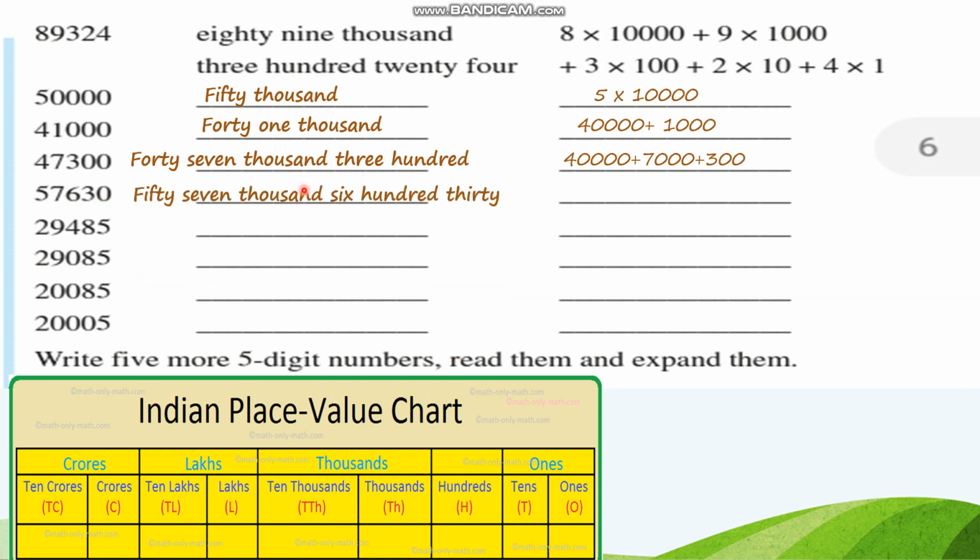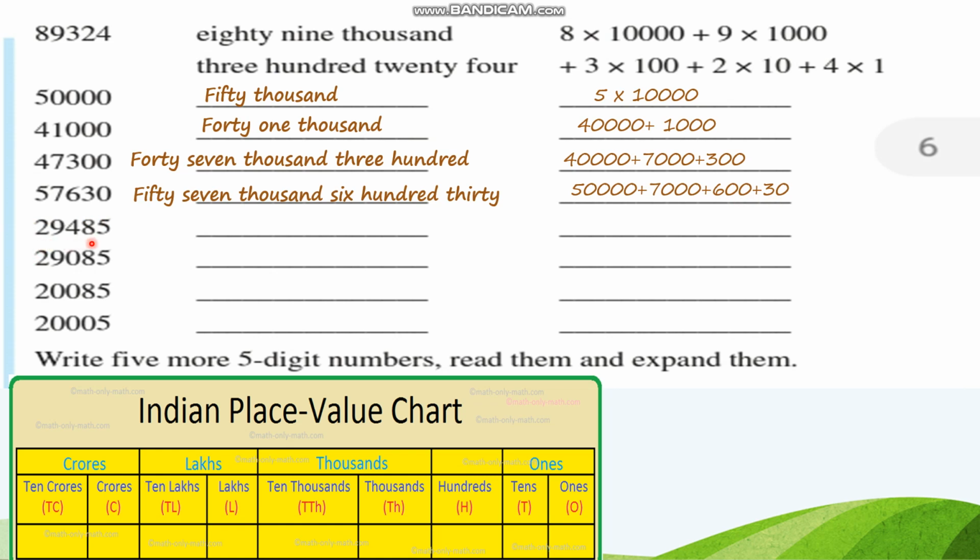57,630. And the expanded form is 50,000 plus 7,000 plus 600 plus 30. Now look at the next one.